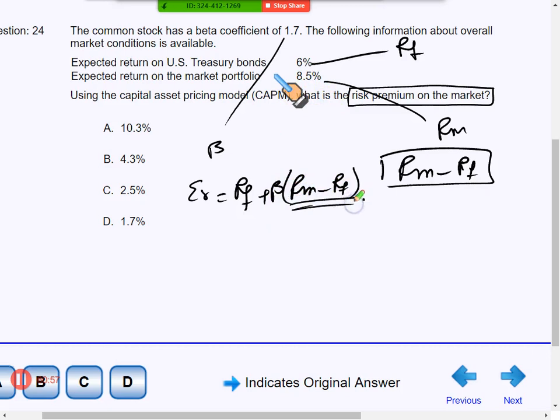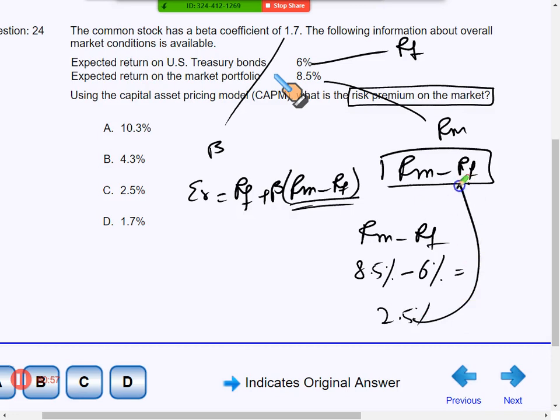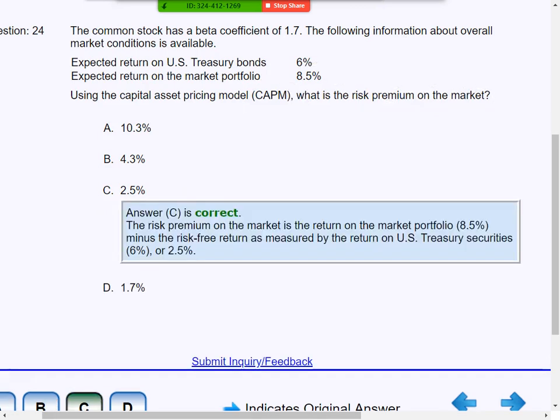We just need these two things, and they have been given. We don't need to apply the formula. We just need to calculate RM minus RF. RM is 8.5% and RF is 6%. So the difference between these two, which is 2.5%, represents your market risk premium, and that's C.